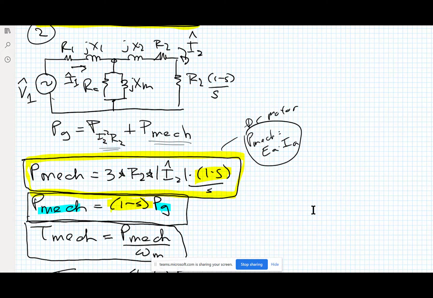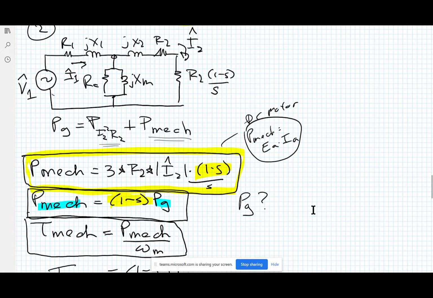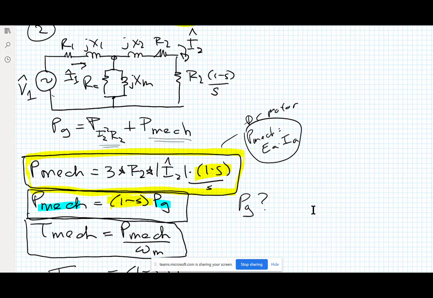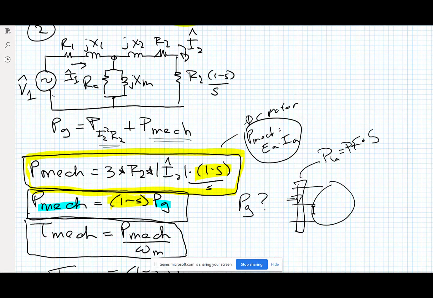Now let me give you an example of why this is useful. What is the air gap power? Let's say you've got your motor right here, and you've got a meter, and you're measuring the input power to the motor. Remember, this goes way back to the very beginning of the class: the input power is the power factor times the volt amperes.